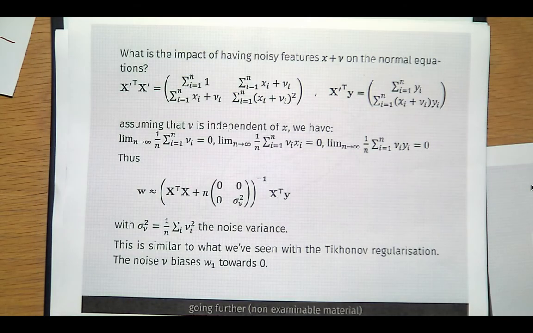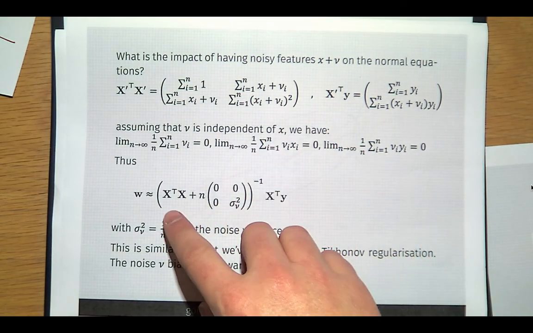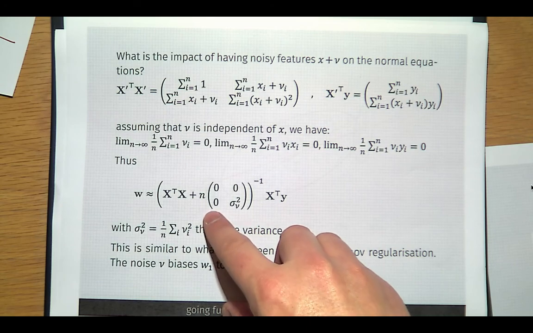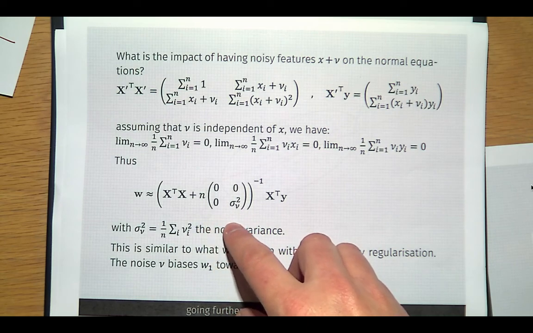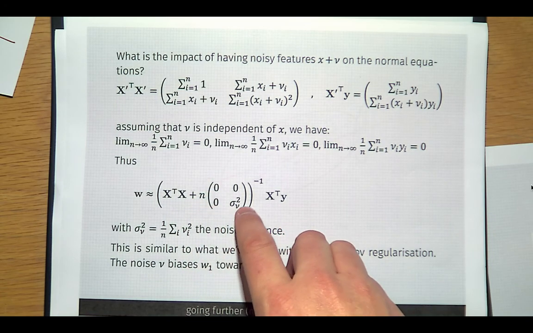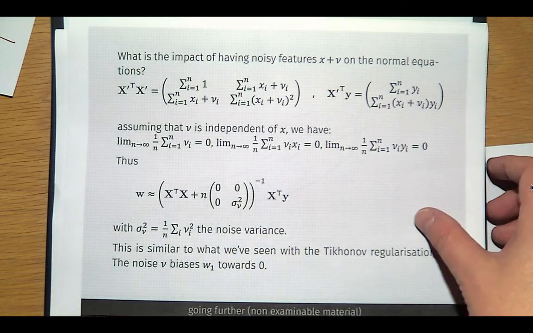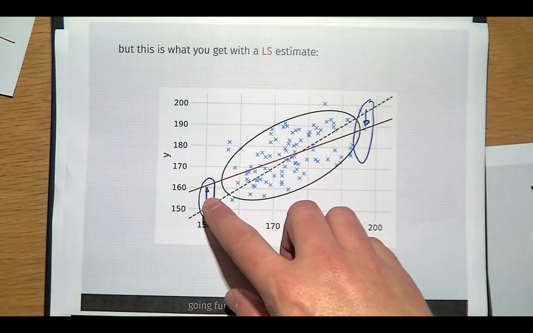If you just model what the noise does, you have something very similar to Tikhonov regularization. You have an extra term in your X transpose X matrix, which has something to do with the covariance, the variance of your noise. So this is what happens here.